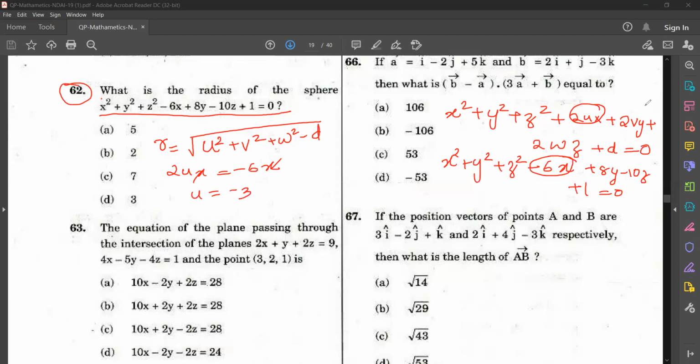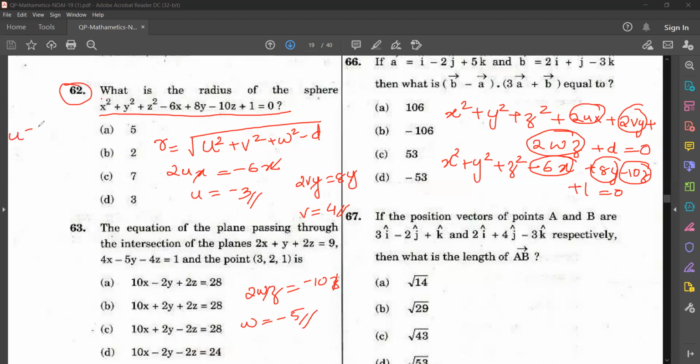Now compare the coefficient of y. 2vy is equal to 8y, so v is equal to 4. Then 2wz is equal to minus 10z, so w is minus 5.